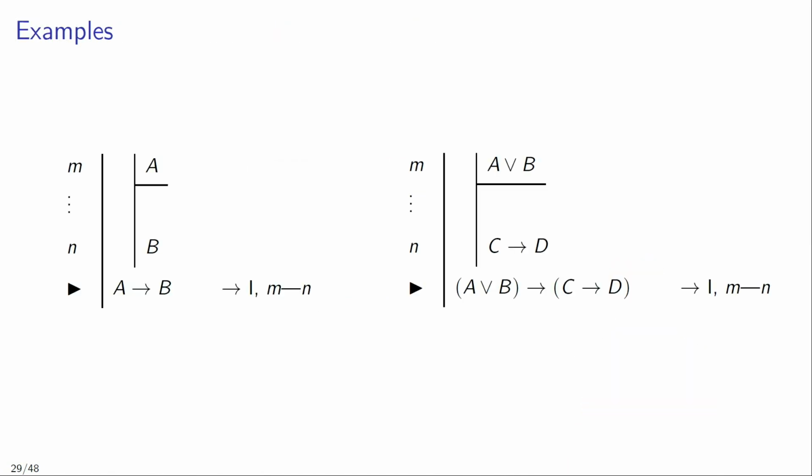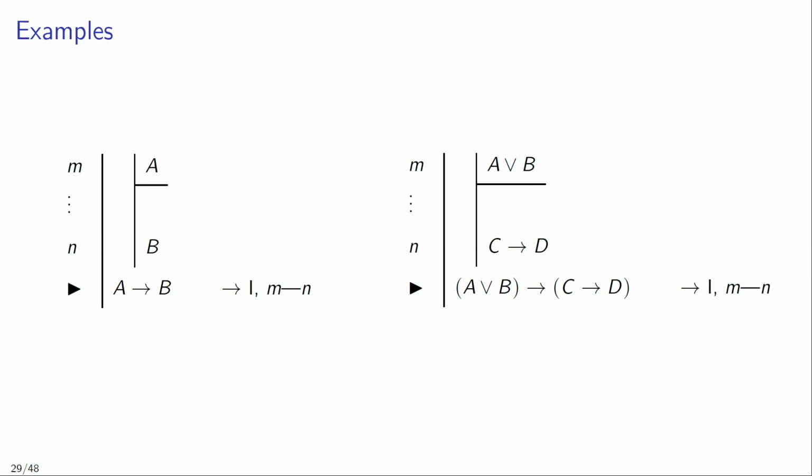So here are two examples of correct applications of the rule conditional introduction. The first example is this. If under the supposition that A, you can infer B, then you are licensed to conclude that if A then B, and justify this inference by citing conditional introduction applied to lines M to N. Here's a more complex example.